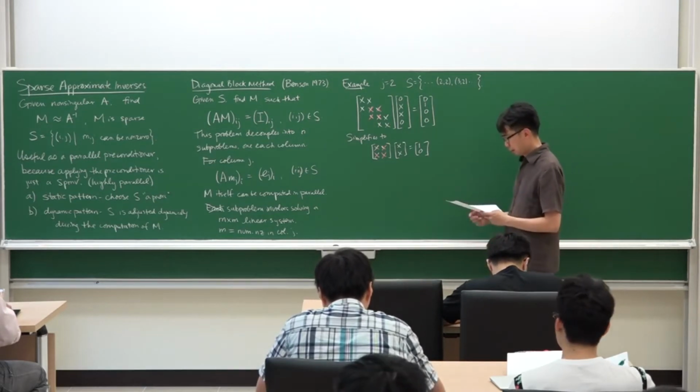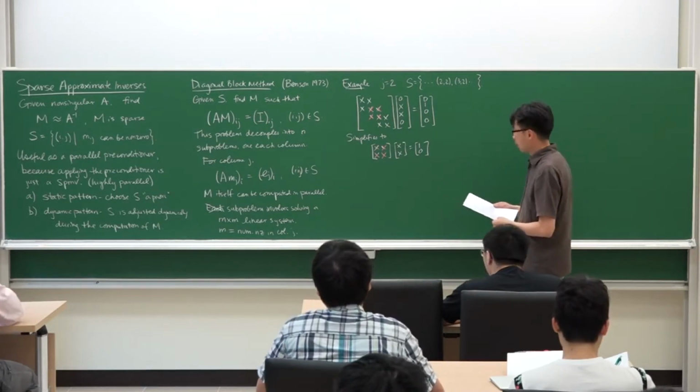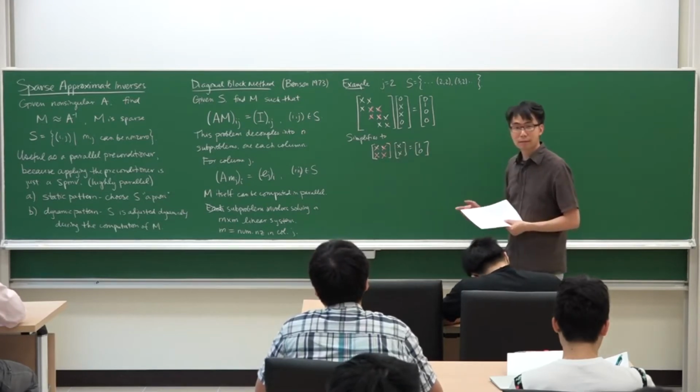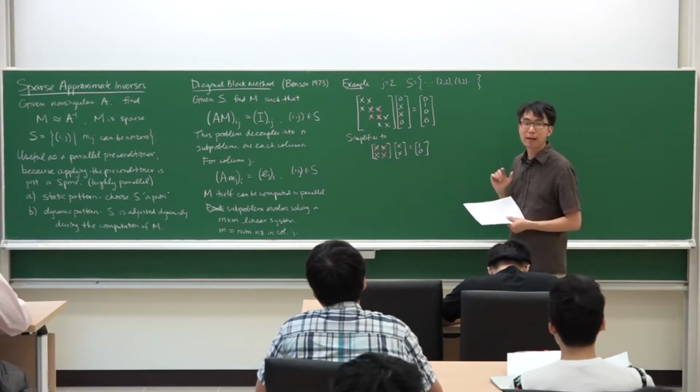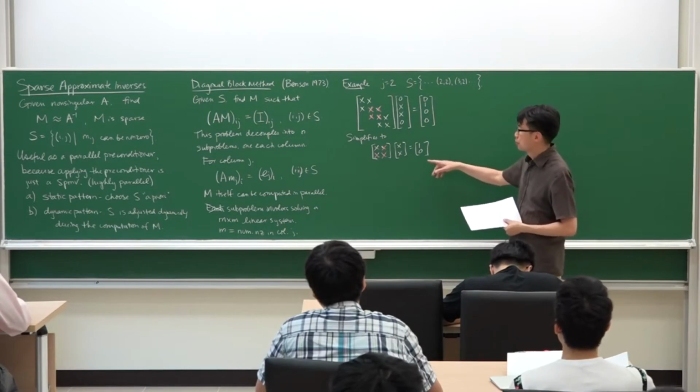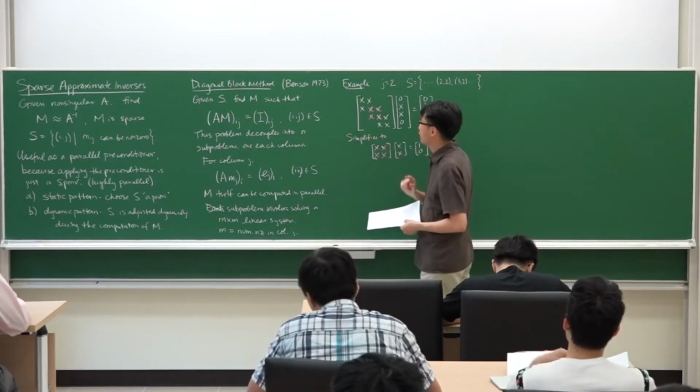So these four x's, in this example, are just a diagonal block of A, which is why the method is called the diagonal block method.